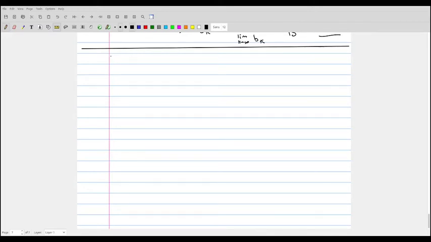So if you have two sequences ak and bk such that the limit of ak is equal to L, say, and the limit as k goes to infinity of bk is also equal to L, and you have that for every single value, ak is below some other sequence ck, say, and ck is below bk.